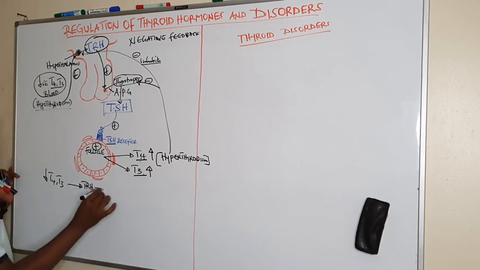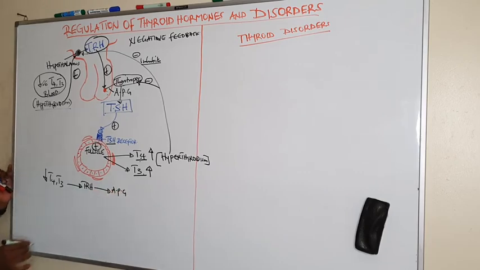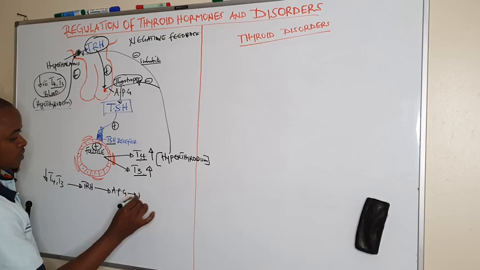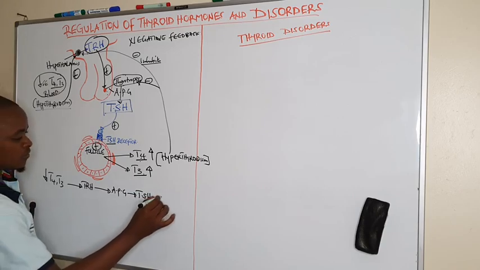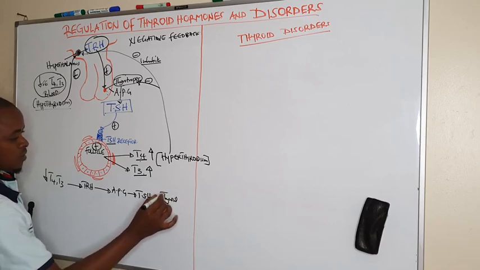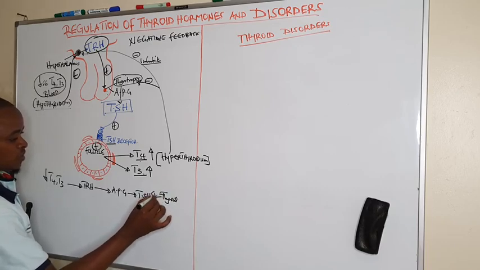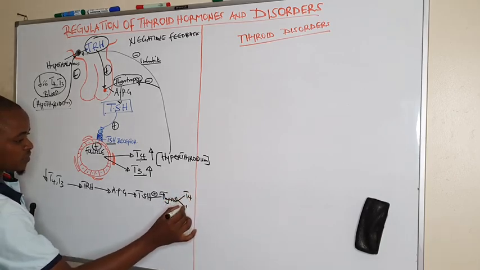This thyroid-releasing hormone goes to the thyrotropes within the anterior pituitary gland, which secrete thyroid-stimulating hormone. And this thyroid-stimulating hormone goes to the follicular cells of the thyroid, and it is going to stimulate the thyroid to synthesize and secrete T4 and T3.